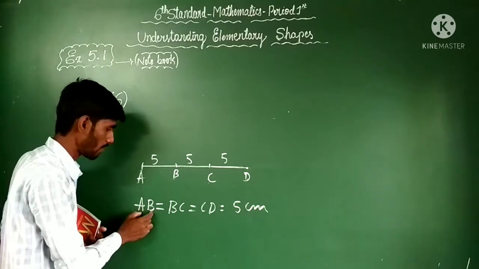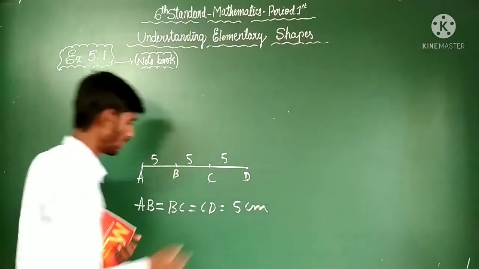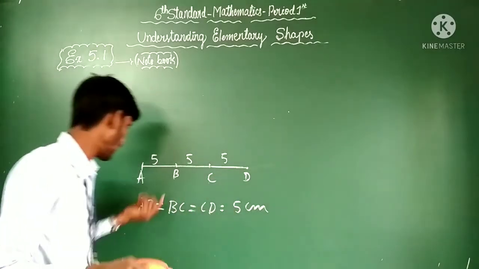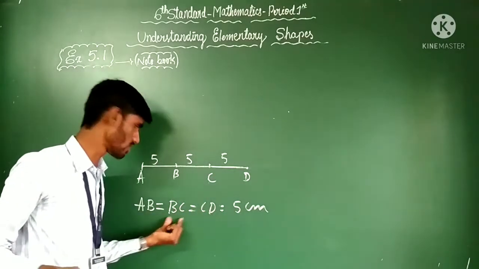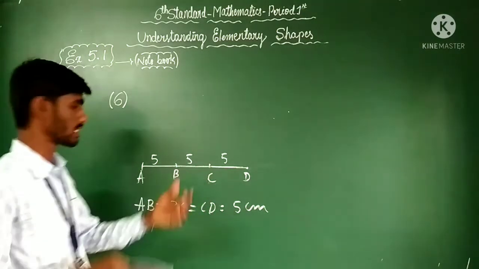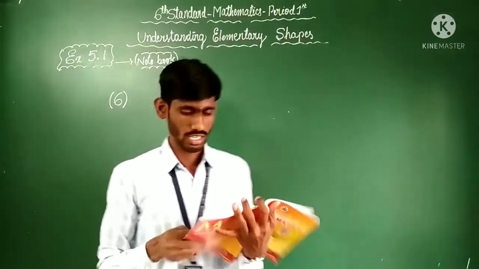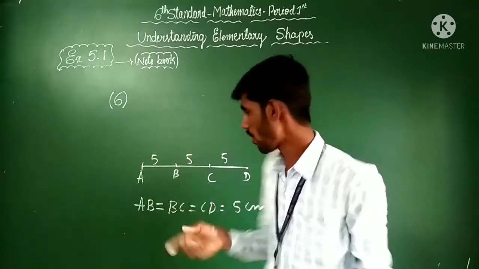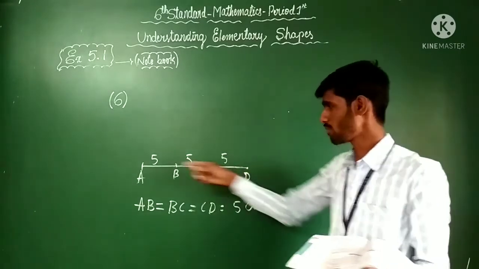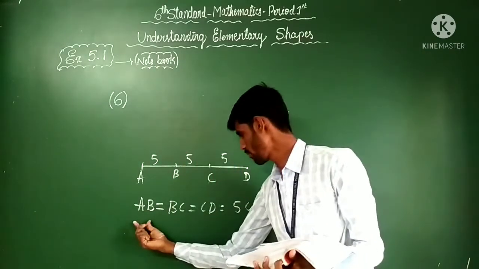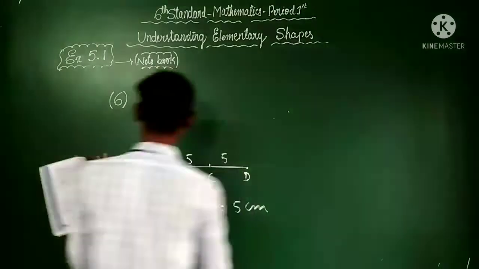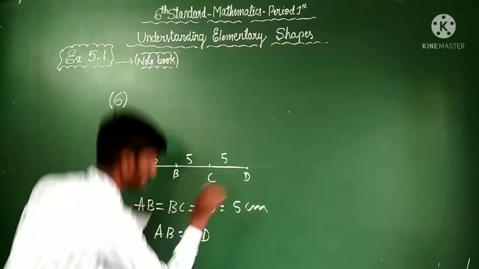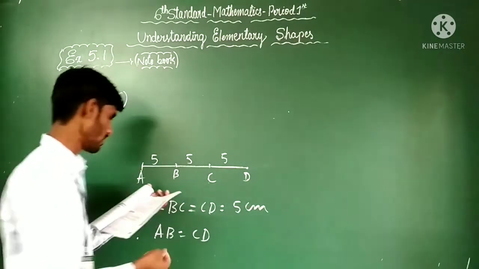So we can say AB equals BC equals CD, and therefore AB is equal to CD. We need to prove AB is equal to CD because all measurements are the same. Clear? This is the answer.